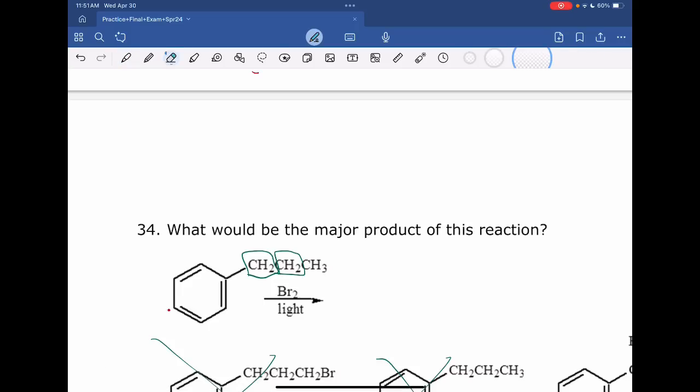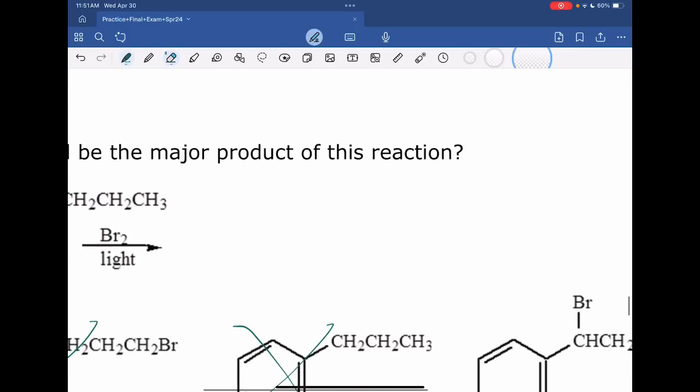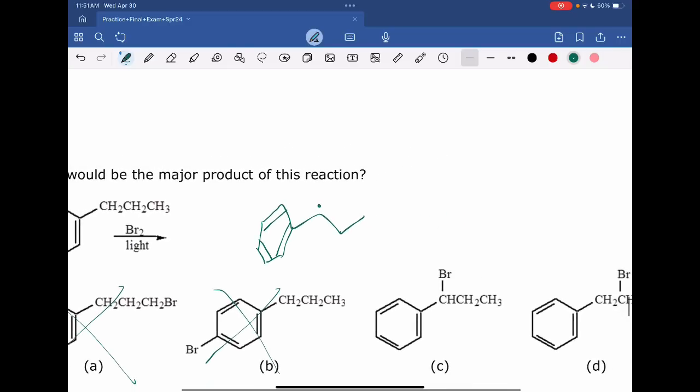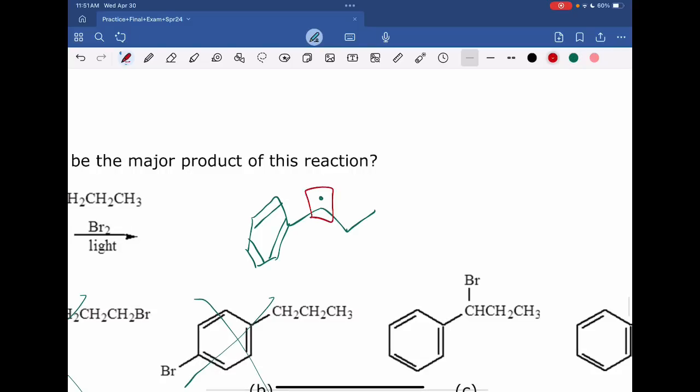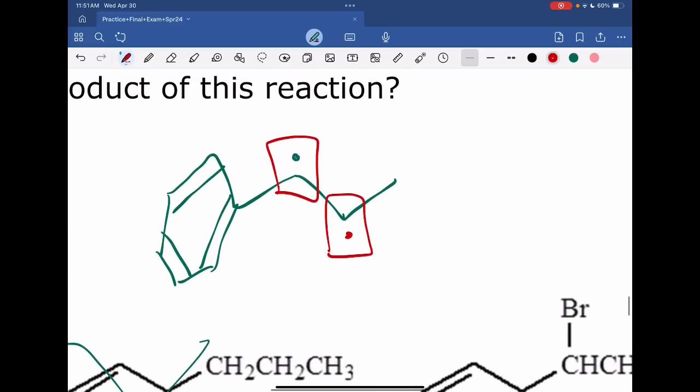the intermediates. Assuming that you brominate this one, the intermediate of the reaction is going to look like this. You will get a radical on this carbon or this carbon if you choose to brominate this one. But this one on the right is not stabilized by resonance, whereas this one on the left is stabilized.